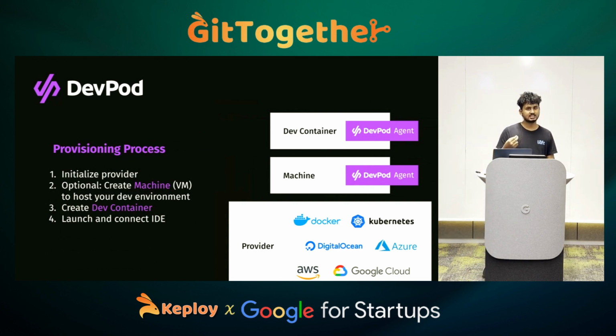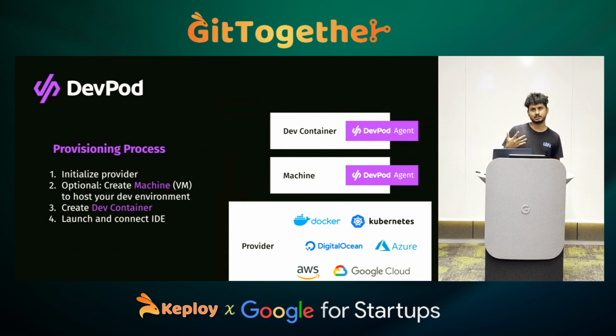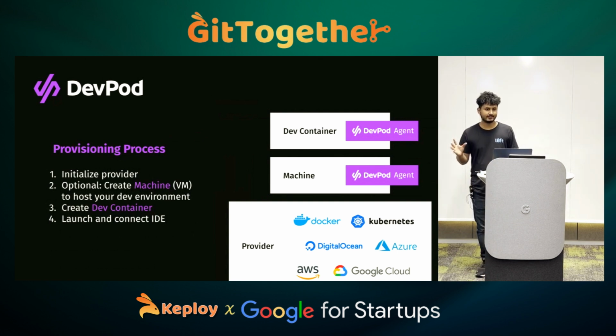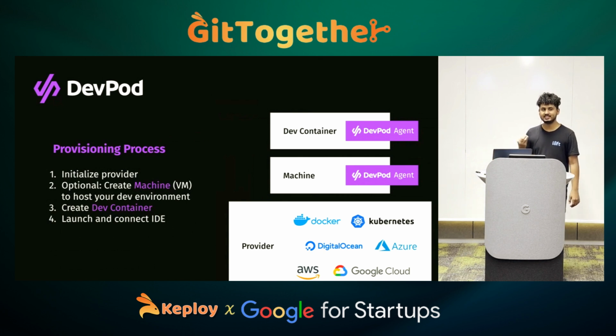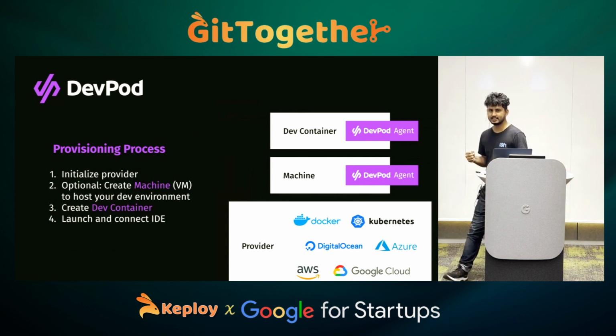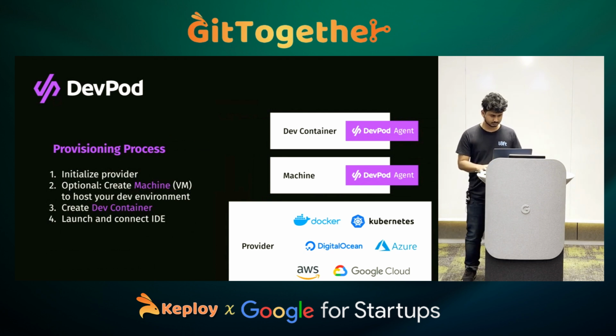A dev container is a specification, a JSON which defines how your workspaces are created. But suppose you don't have the energy to create a dev container. It by default understands what code you are using, what language you are using, and creates a dev container with the base image of that language. And then you can launch and connect it with your IDE. IDEs can be anything, like VS Code, JetBrains, or anything like that.